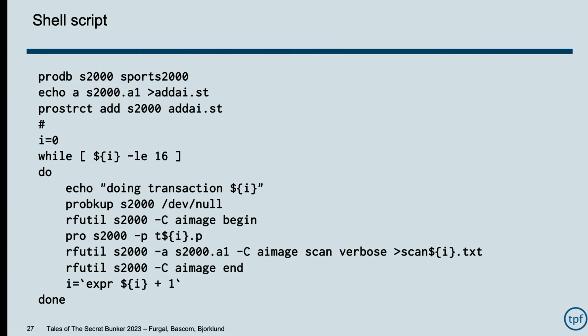Here's the test script that runs these examples. So there's a bunch of source files, .p. So we create the database, add an AI extent to it, and then loop through running all the examples. Now, this part, you don't have to do over and over again.